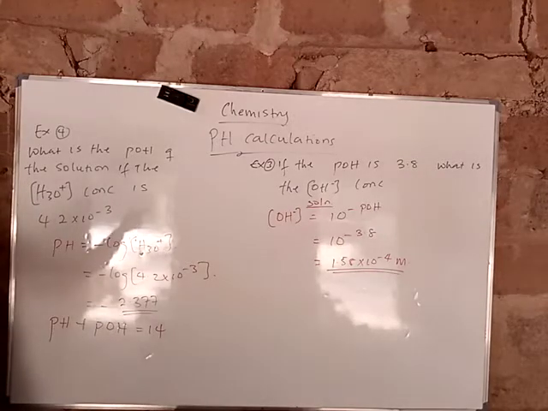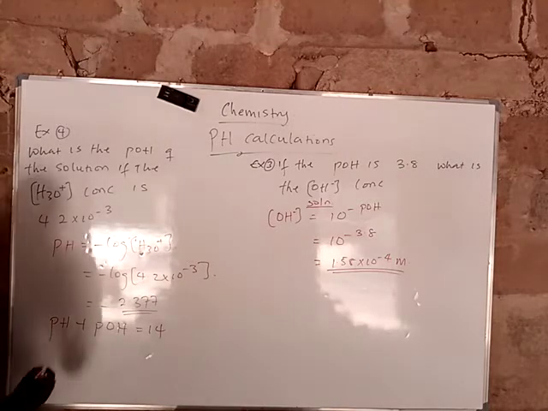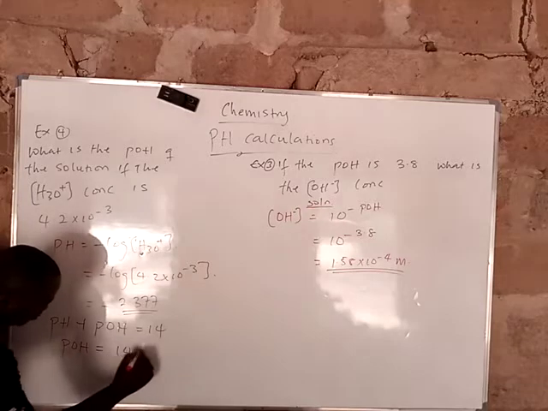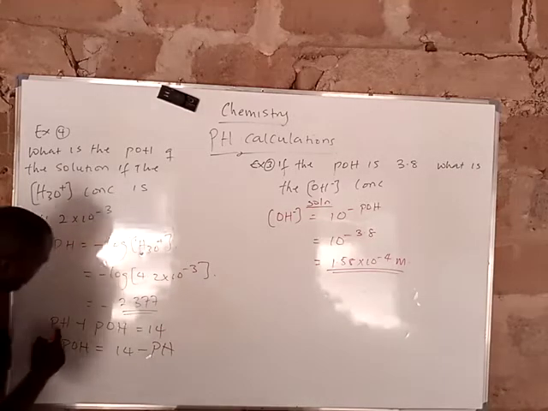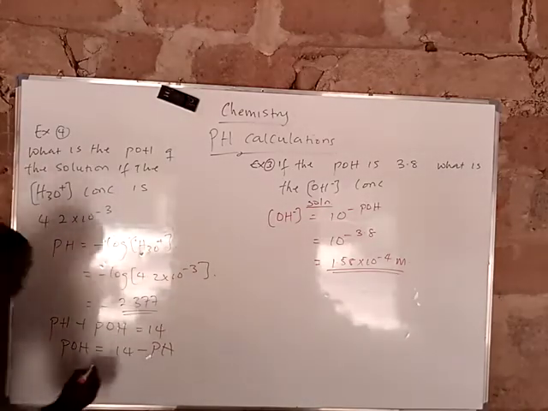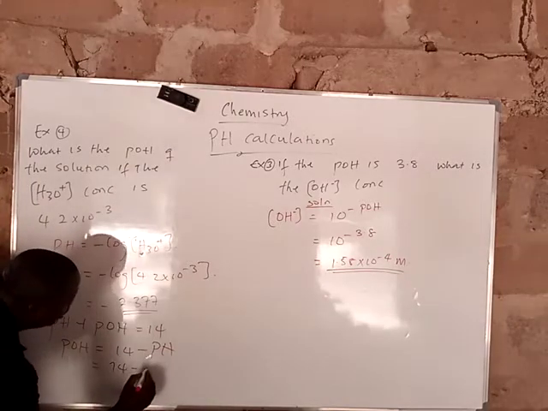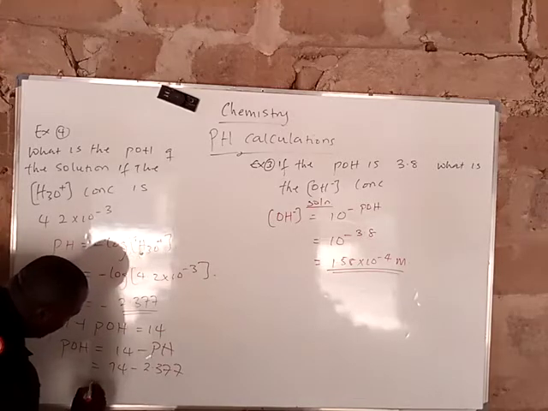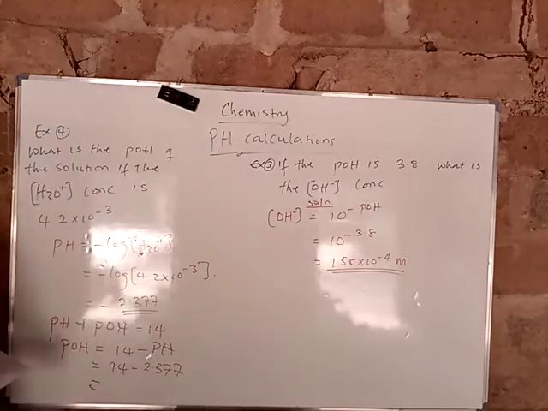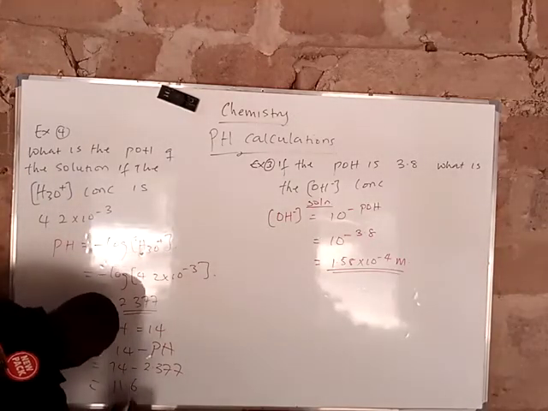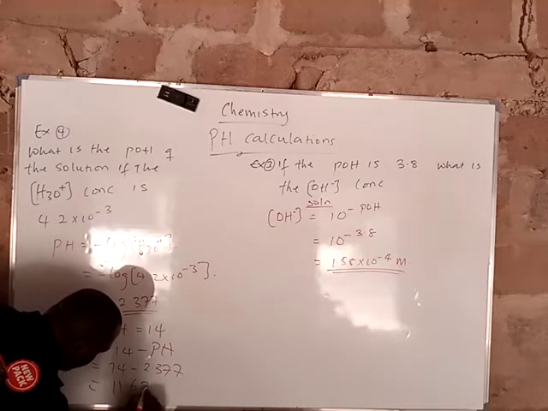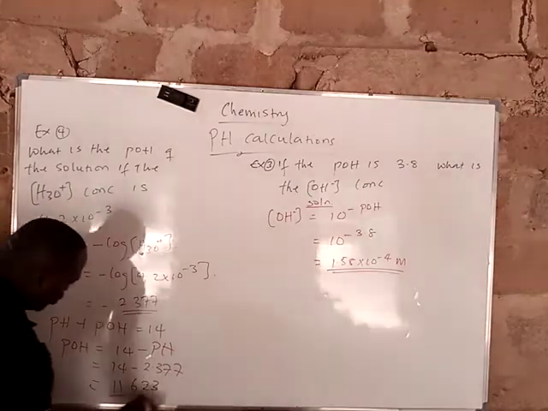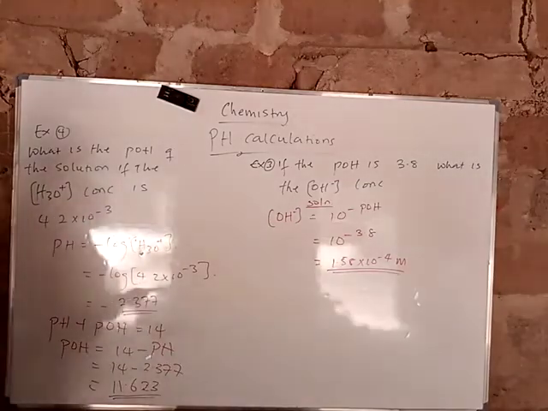Do you see why the part 1 video is very important? So the pOH will be equal to 14 minus pH. This will cross the equality sign and change to minus. That will give you 14 minus 2.377, which is 11.623. This is so easy, guys.